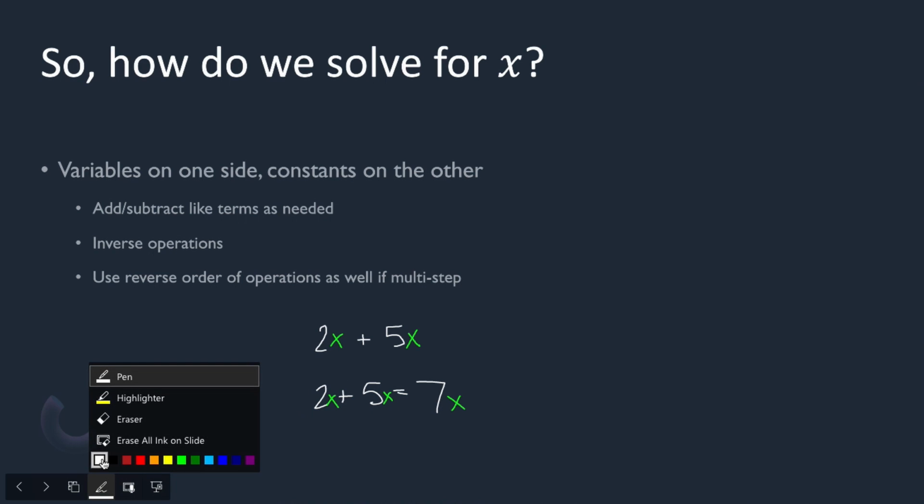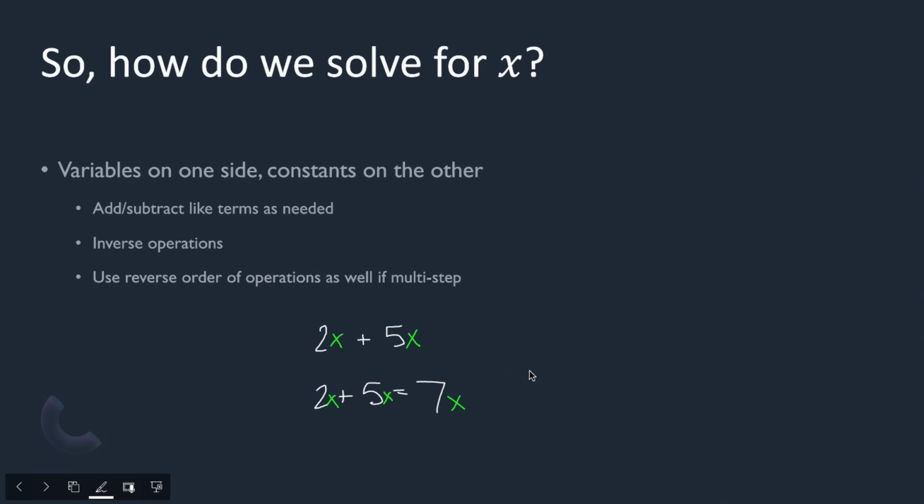Let's show you an example of what unlike terms look like. Suppose we have this expression, 7x minus 2y.